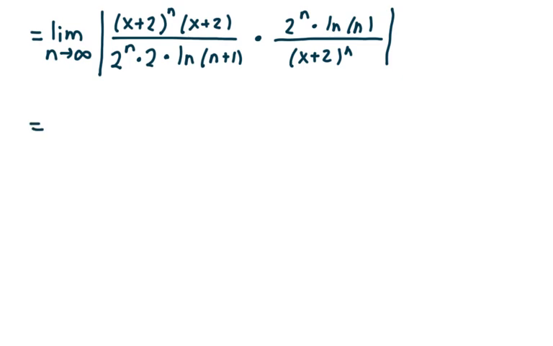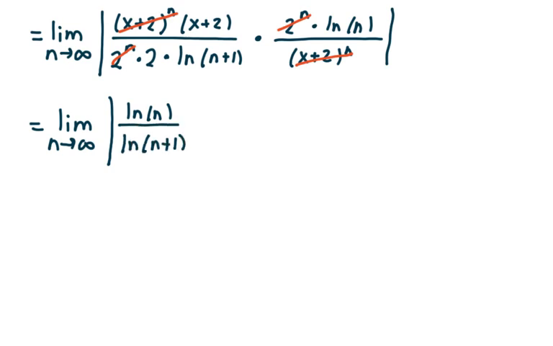And so here, the (x + 2)^n's cancel, the 2^n's cancel, right? And then here we get the limit as n goes to infinity of the absolute value of natural log of n divided by natural log of (n + 1), times (x + 2) divided by 2.